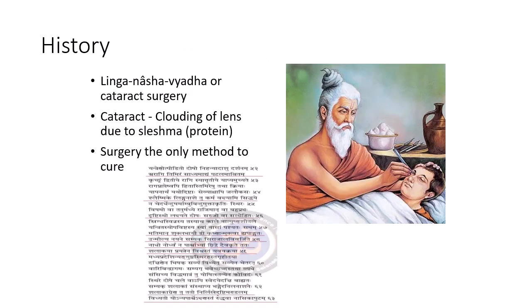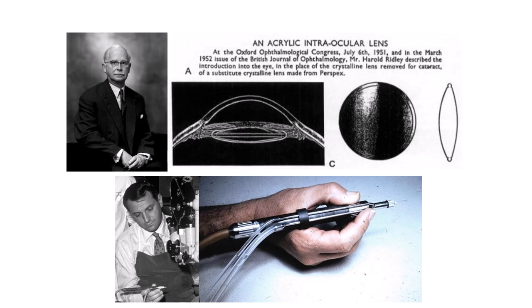Cataract extraction dates back to the time of Sushruta, who was the first to say that cataract is because of clouding of the lens due to proteins, and that surgery is the only known cure. The first picture is of Sir Harold Ridley, who first proposed the idea of an artificial lens implantation into the eye.